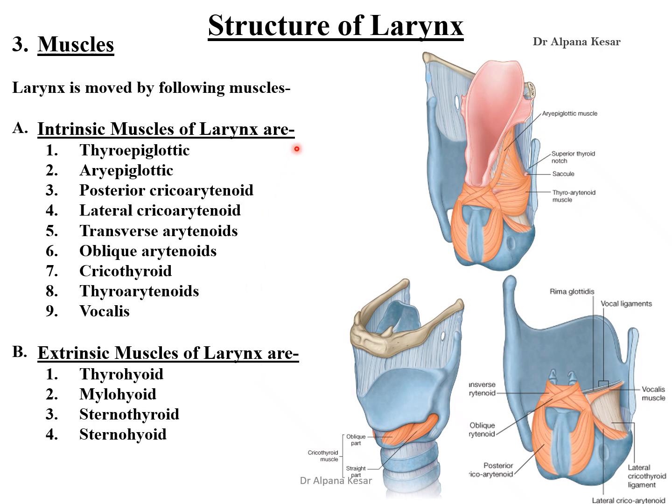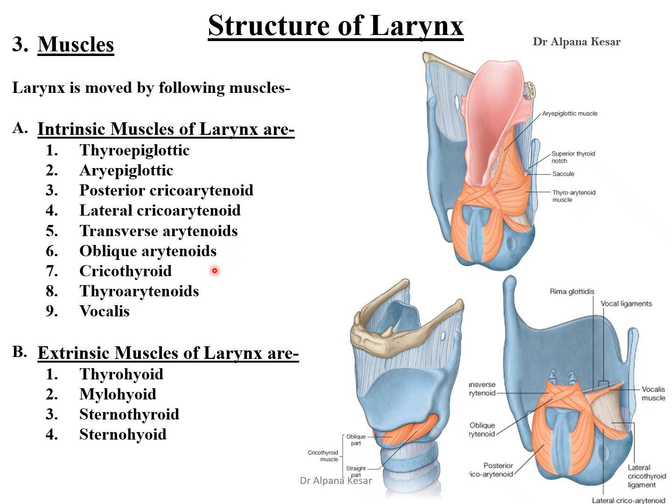Intrinsic muscles of larynx are those muscles that help in moving the inlet of larynx and the vocal cords, while the extrinsic muscles of larynx are those that help in moving the larynx as a whole, such as elevation of the larynx.